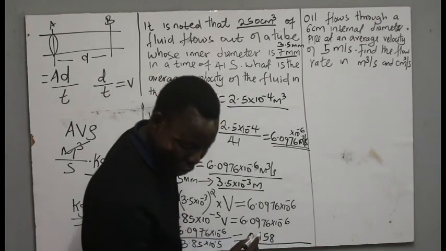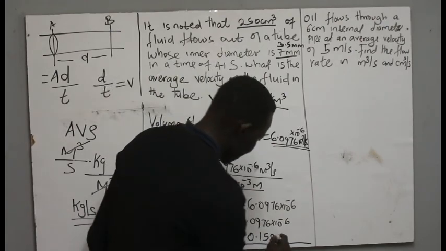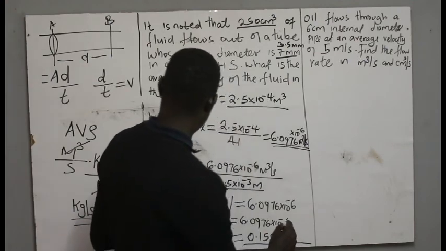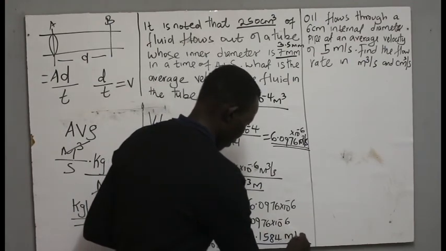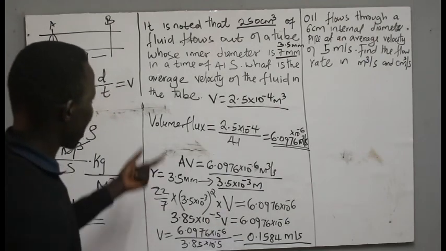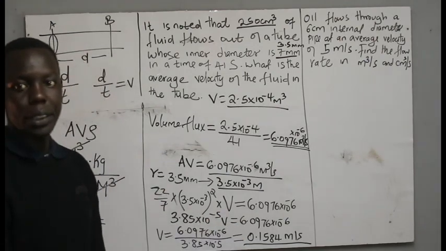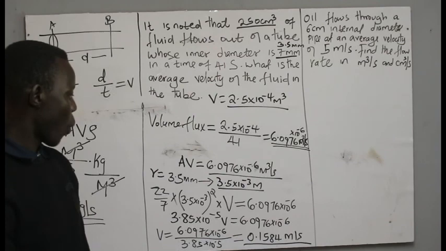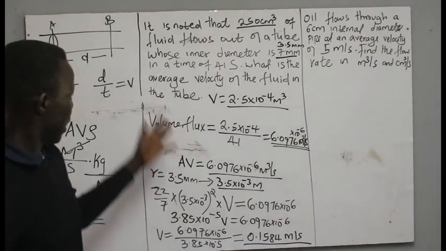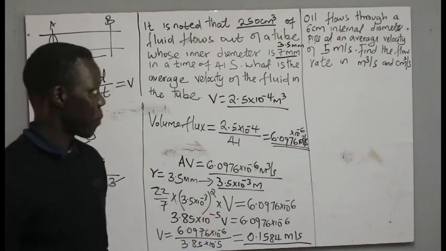I would put it into 4 significant figures. It's velocity, so it's meters per second. So that is the velocity that the fluid should be having, 0.1584 meters per second. Just follow the steps, get there.